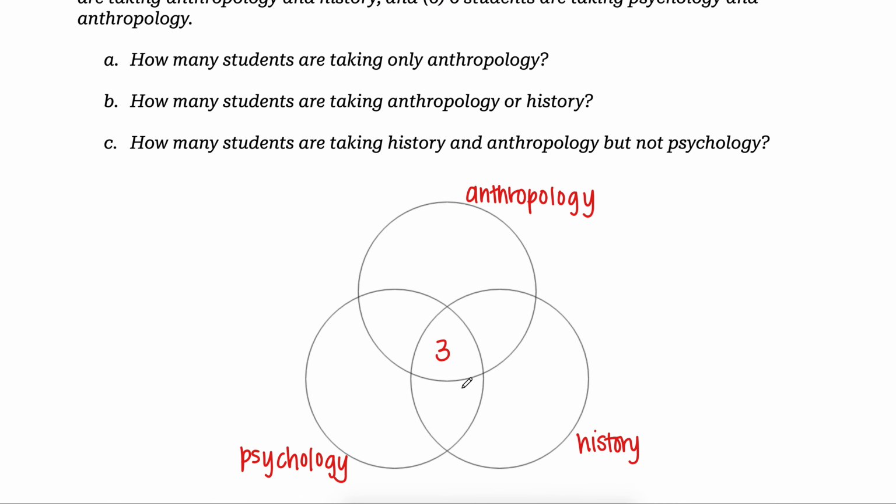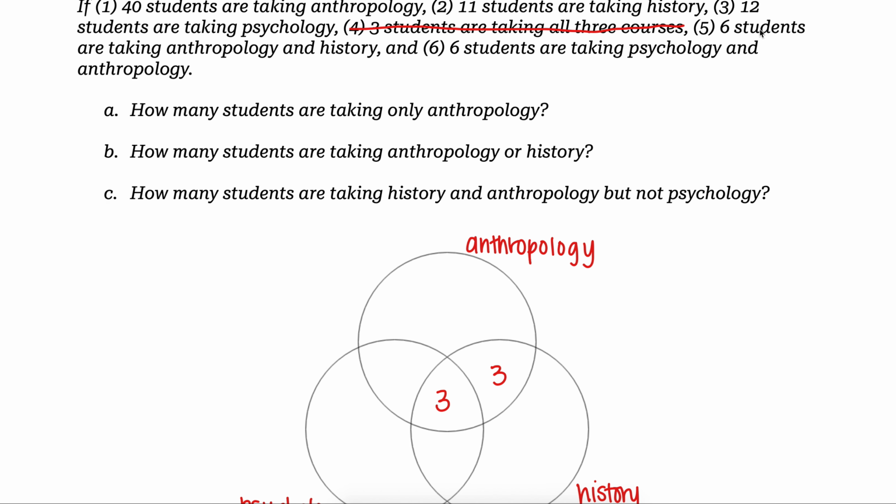So anthropology and history overlap in this football shape, and the 2 numbers are going to add to 6. Since I have 3 in the overlap between all 3 sets, I need another 3 here. So now in the total overlap between anthropology and history, there's a total of 6 students.